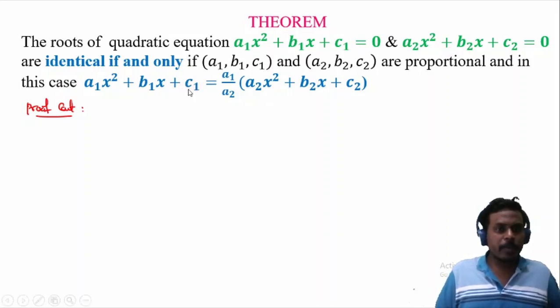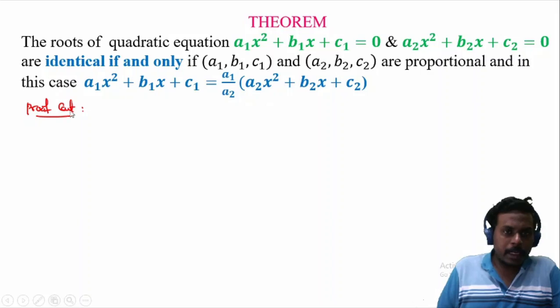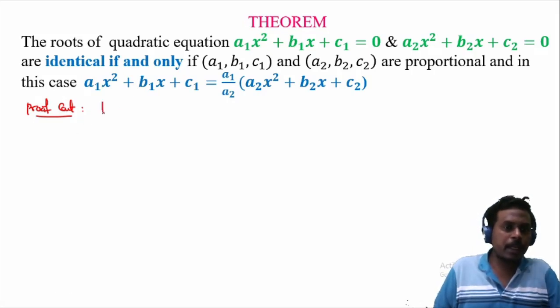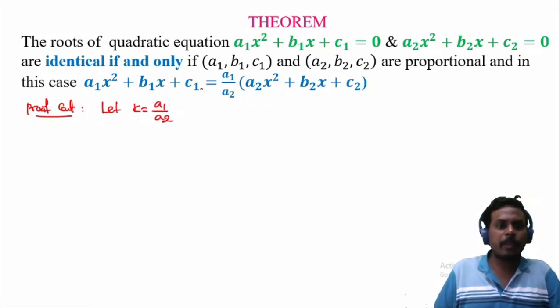I have to prove. Okay. Let k is equal to a1 divided by a2. Then this implies a1 is equal to k into a2.